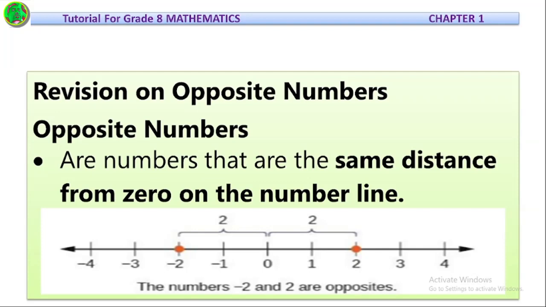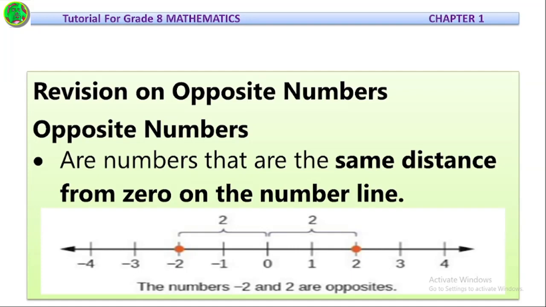So we can get on both sides from 0 to the right side we can get positive 2, from 0 to the left side we can get negative 2. So we can accept negative 2 and positive 2 are opposite numbers.